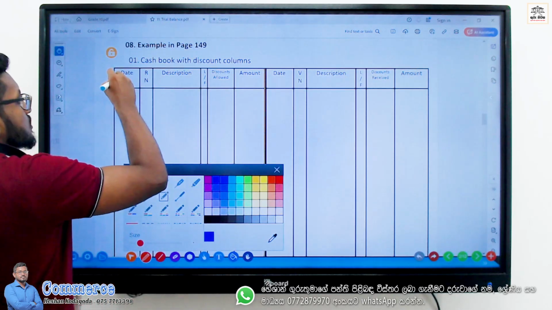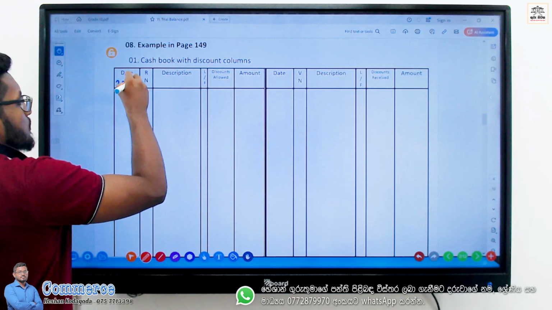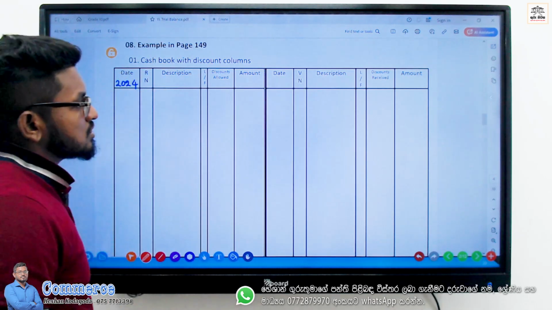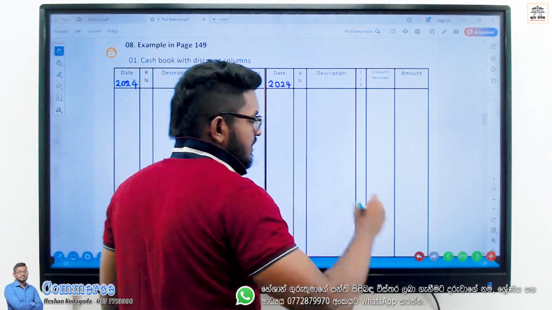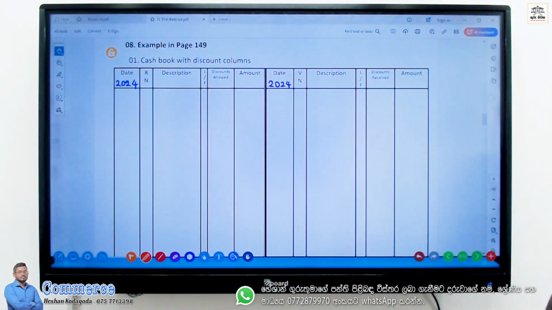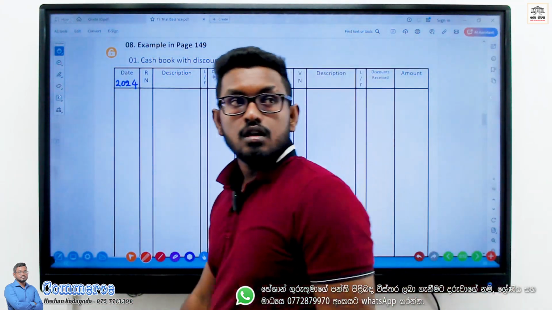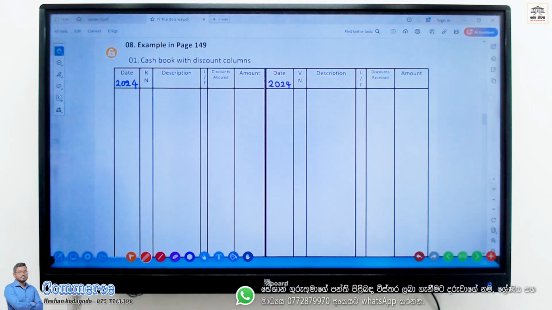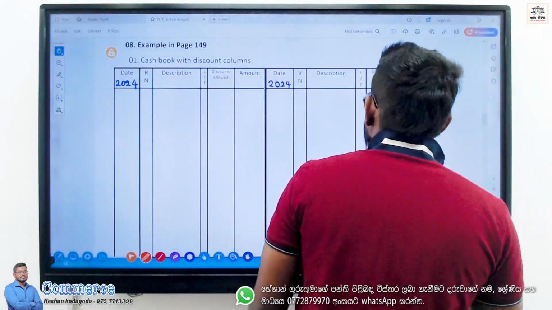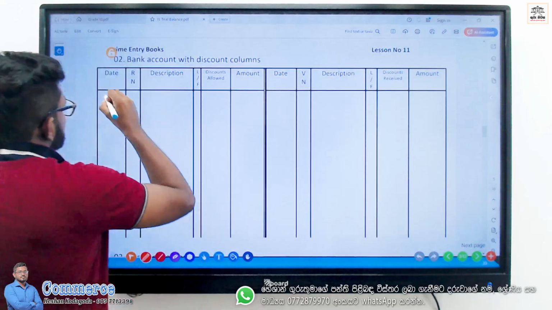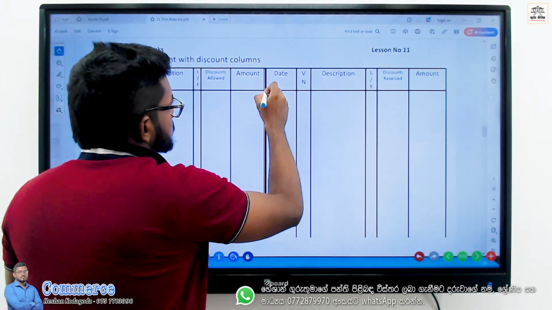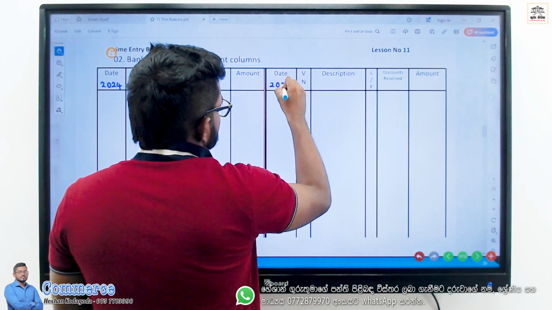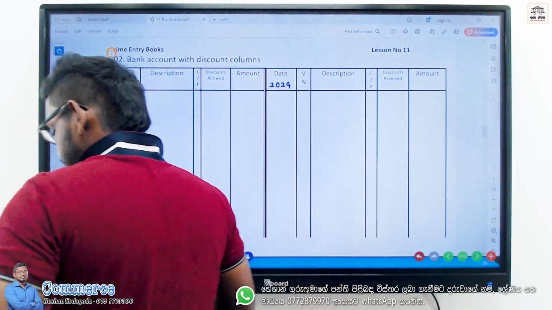Record the date in here, 2024. We don't repeat it in the cash book. Date column, make it 2024. Then go to the bank account also. Record 2024 in here. Then we don't repeat it.